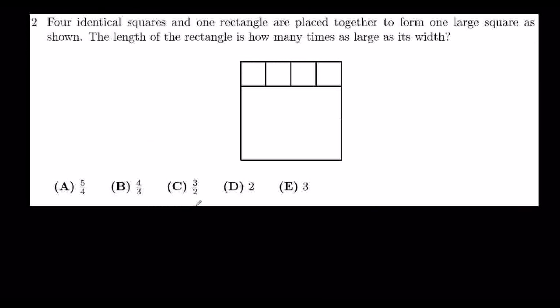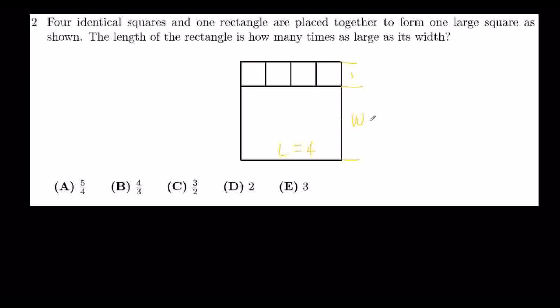Question number 2. Let's mark the length as L and the width, which is here, as W. And we know the length is 4 units, so we can use 4 units, and the width is also 4 units, but you have taken away 1 from here.